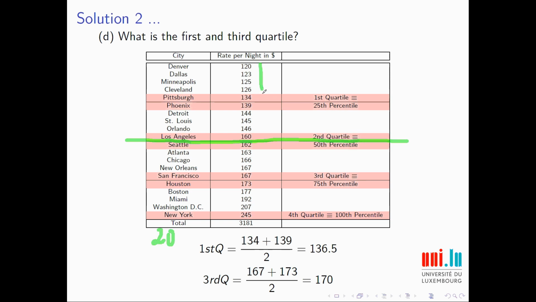So here you see your data is properly organized. It's ordered, perfect, so we can deal with that. The next step, after finding the median, is to divide your data set into two chunks. Obviously, each chunk consists of 10 observations.